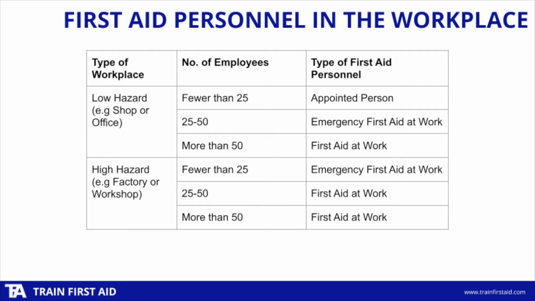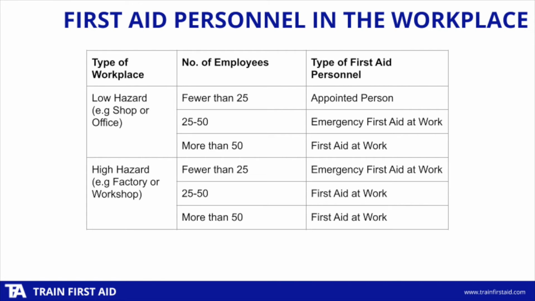The ratios are slightly different in a high hazard environment, such as a factory, workshop, or an outdoor setting such as an activity centre or water sports centre. This table provides some guidance on the type and number of first aiders that you might need in a high hazard environment, but your exact requirements will depend on your needs assessment and the specific type of hazards that you have in your environment.